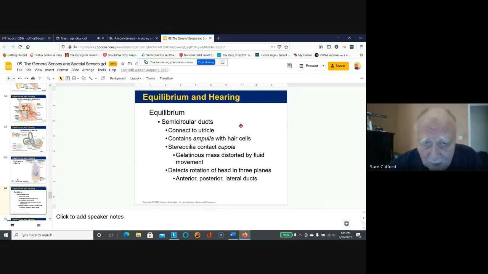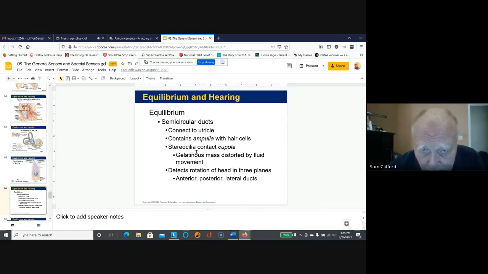The equilibrium, as I said, through the semicircular ducts, they're also going to have stereocilia that are going to move, and that's going to allow you to be aware of your head position as you're moving around.